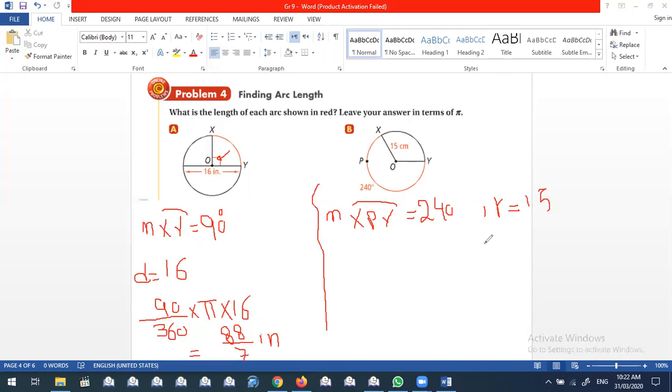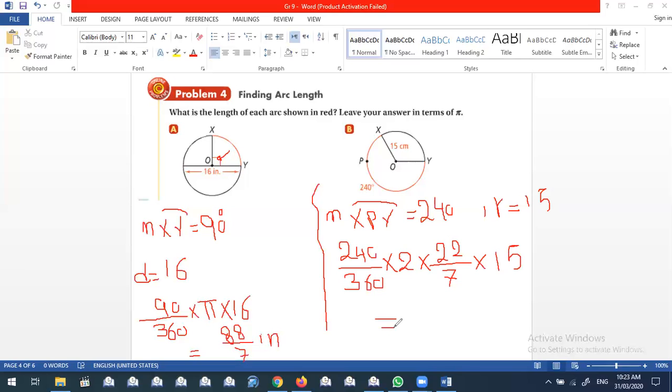So I'm going to use the rule of the measure of the arc, which is 240 over 360, times 2 pi r. I'm going to use the rule with r because I have r. So it will be 2 times 22 over 7, or 3.14 as you want, times r, which is 15.